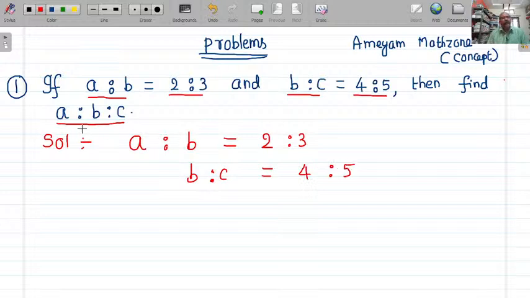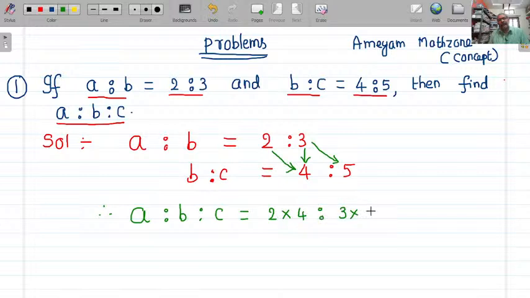Now in order to find A is to B is to C, you follow this shortcut. You multiply 2 with 4, 3 with 4, then 3 with 5. Therefore we get A is to B is to C equal to 2 into 4 is to 3 into 4 is to 3 into 5.